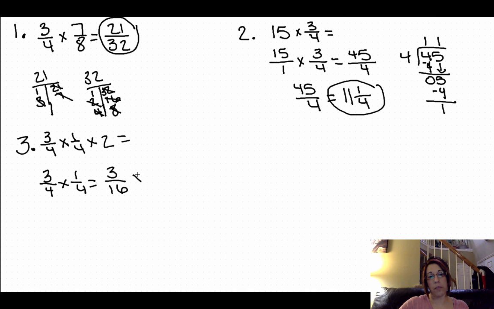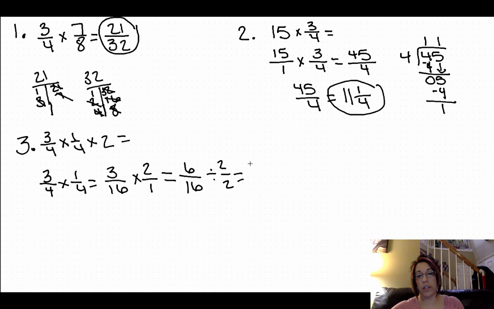And then I'm going to multiply it by the whole number 2 using its fraction form, 2/1. 3 times 2 is 6. 16 times 1 is 16. Now, if nothing else, I know that 2 will go into both of these numbers. It doesn't need to be made into a mixed number because 6 is smaller, but I'm going to try the strategy dividing by 2. 6 divided by 2 is 3, and 8 times 2 is 16. So our simplified fraction is 3/8.